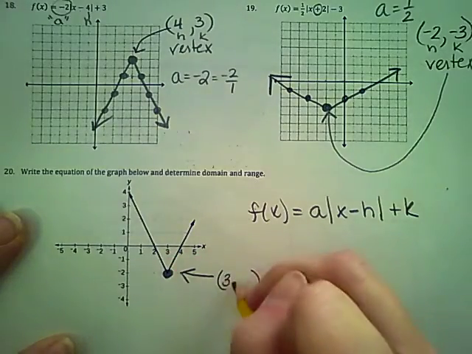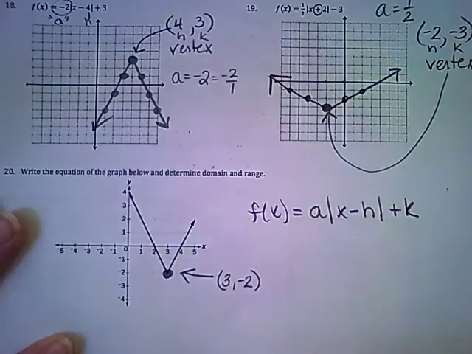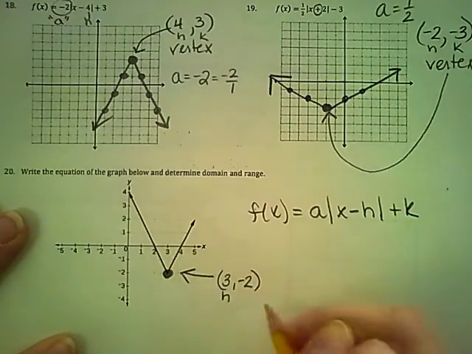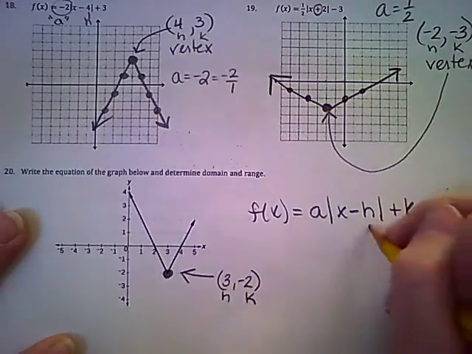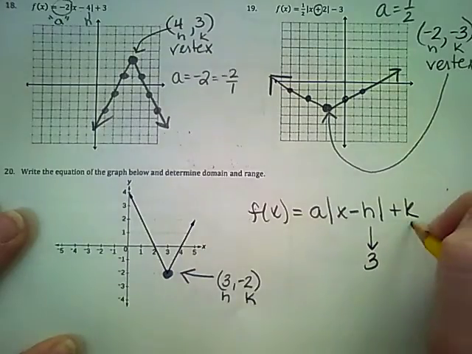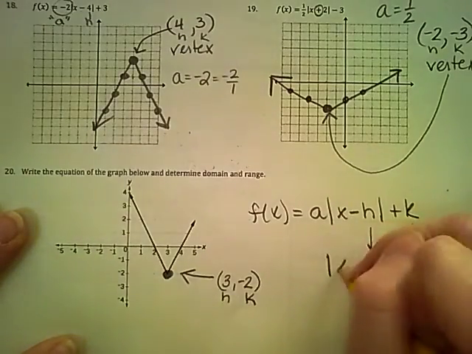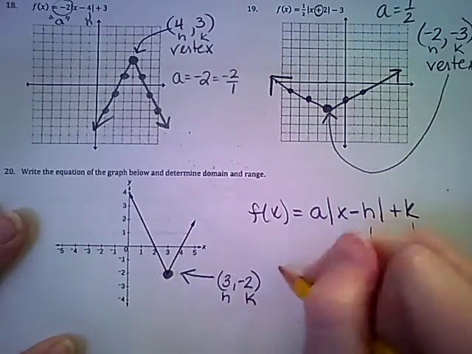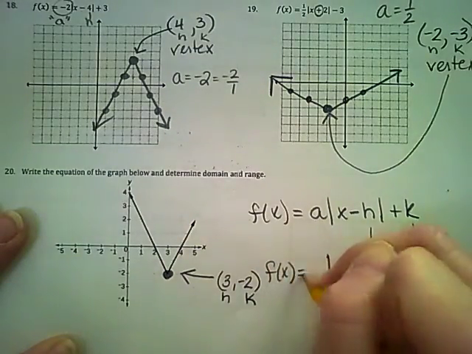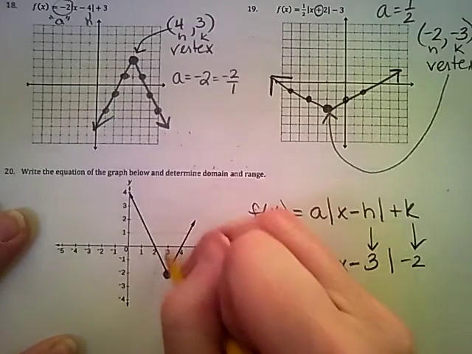This vertex point is 3, negative 2. So that's giving you the H, and it's giving you the K. So you can pop that in to this function. The only thing missing is the A. So you have to determine what the slope is of each ray.